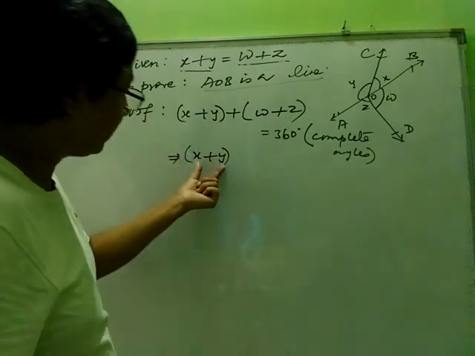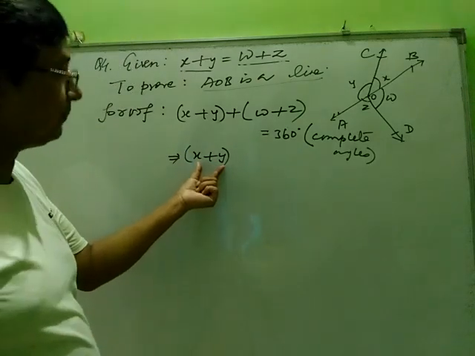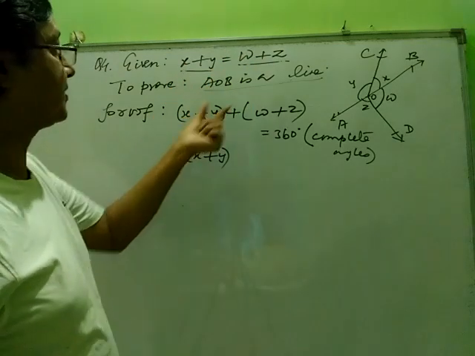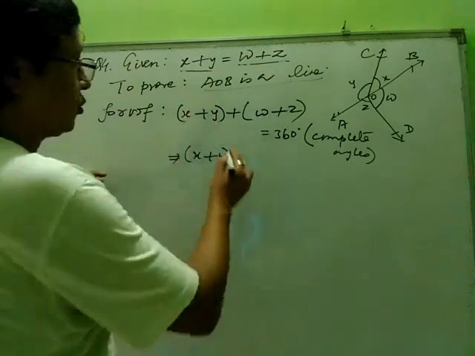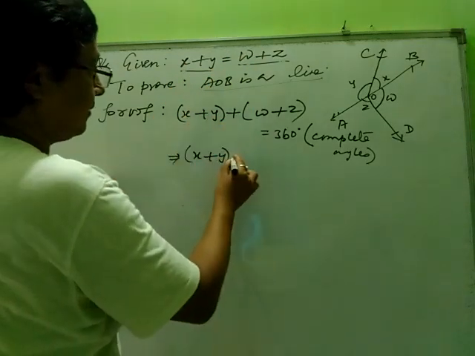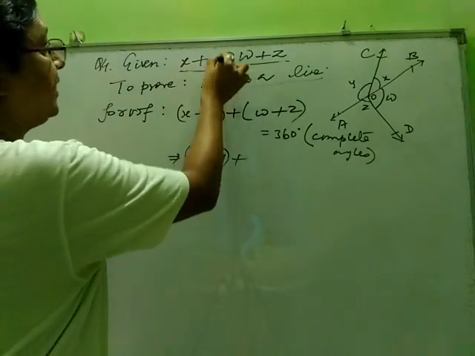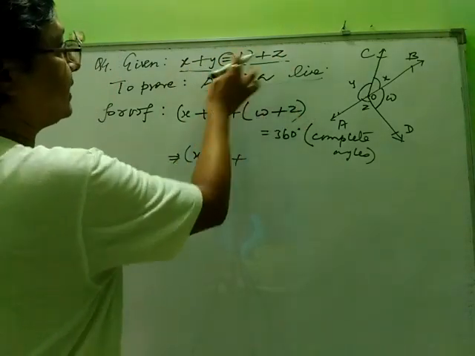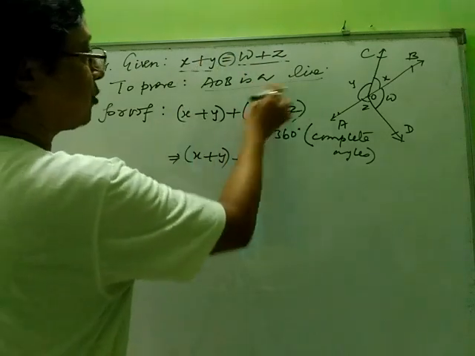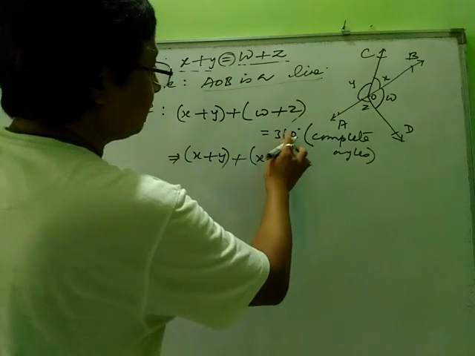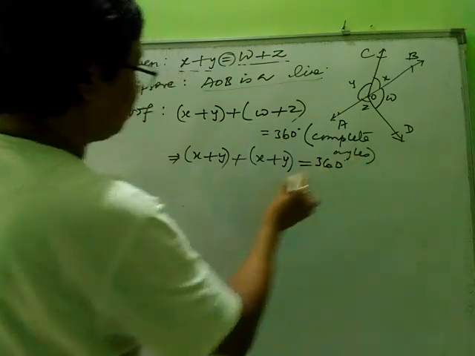In place of w plus z, I will take x plus y because they are equal. So x plus y plus x plus y equals 360 degrees.